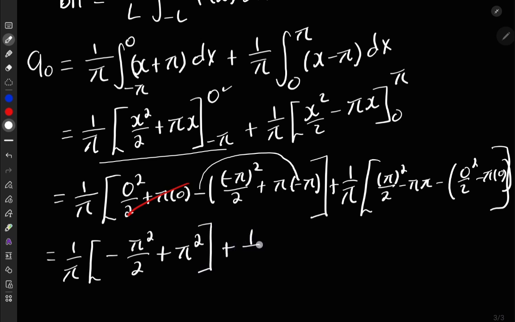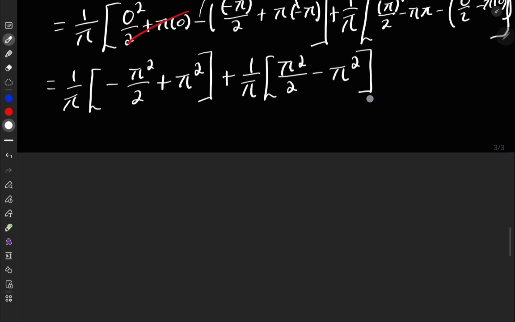Then plus 1 over pi into pi squared over 2 minus pi squared.